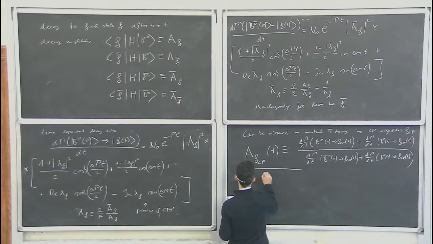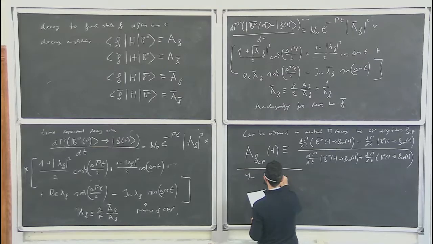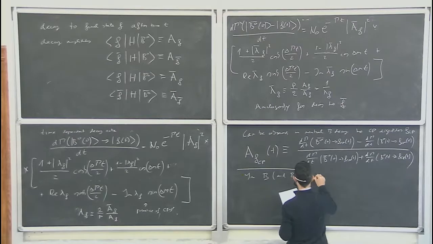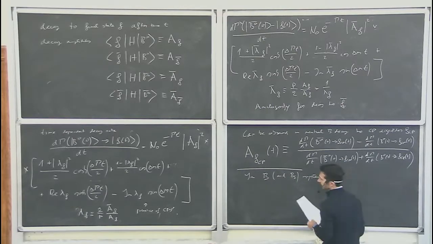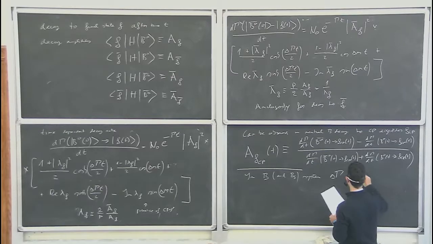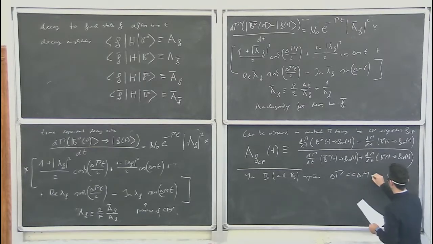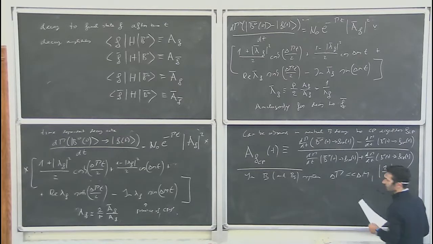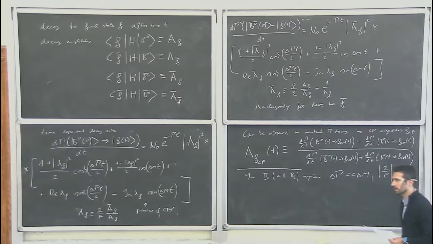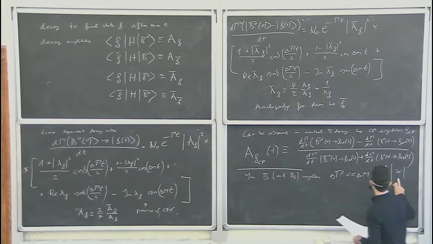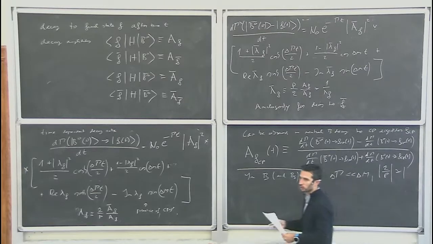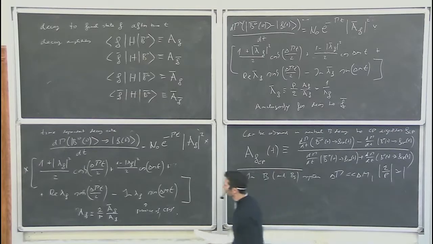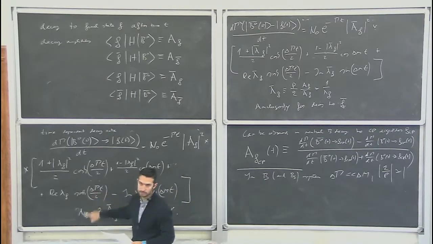In particular, in B and to some degree in the B sub s system, delta gamma is much, much smaller than delta m, and the absolute value of q over p is to a good approximation, down to, I think, 10 to the minus 3, equal to 1. Okay? So q over p is just a phase in the B system, and we can drop the delta gamma terms in this time evolution.